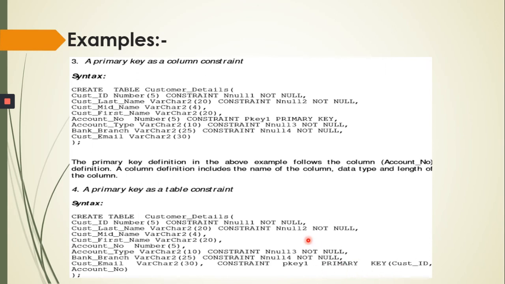This is also known as a table constraint, as I am writing the primary key after the last column. And this other one is the primary key as a column constraint, as I am using the primary key at account number.